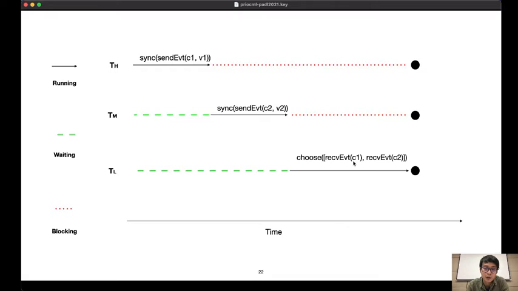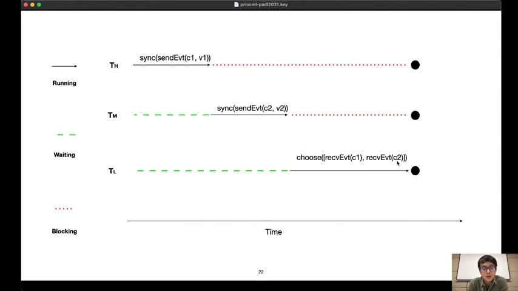Let's consider the low priority thread performs a choose. It tries to choose between two receive events. So it can either pick the receive event from C1 or it can pick the receive event from C2.